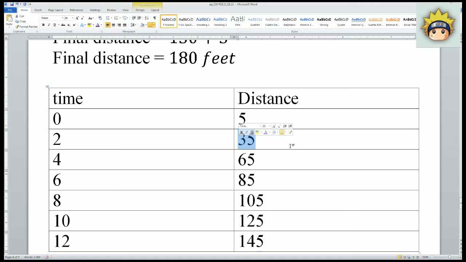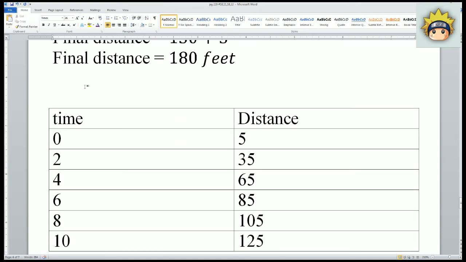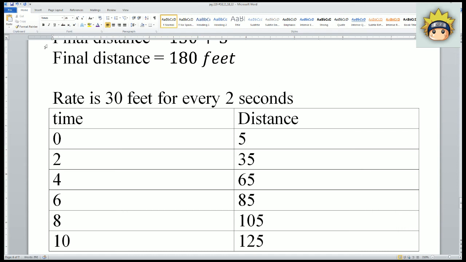So the rate is 30 feet for every 2 seconds.